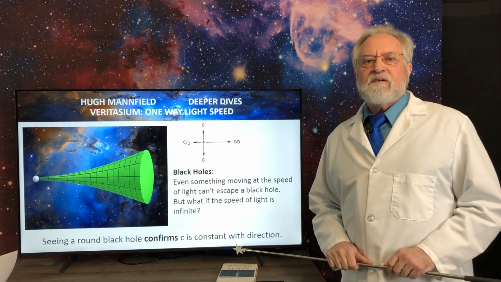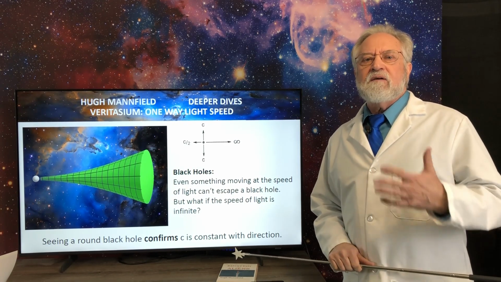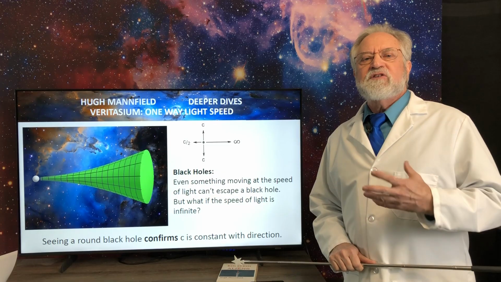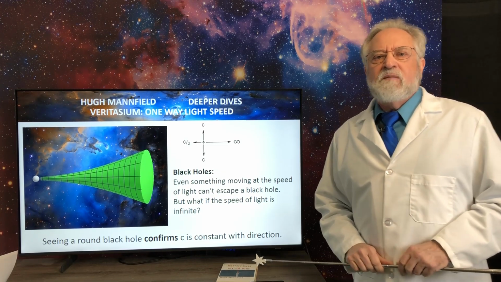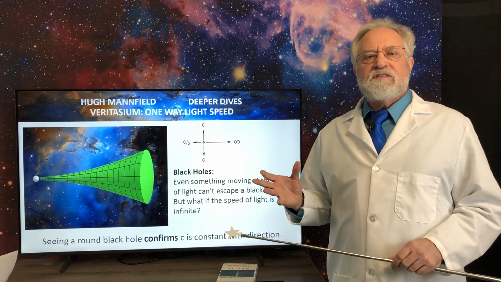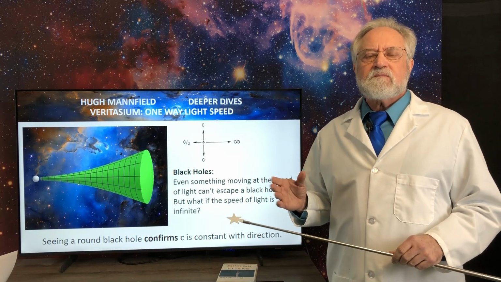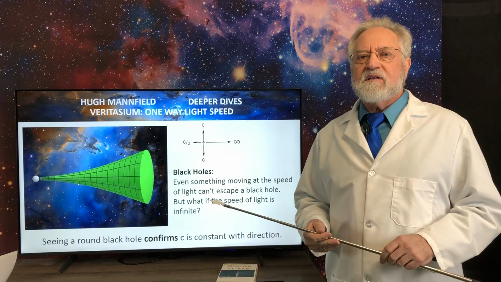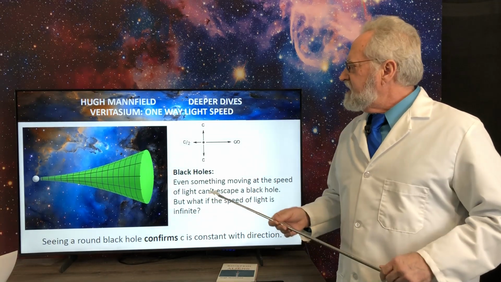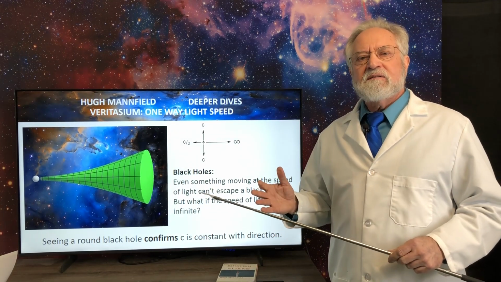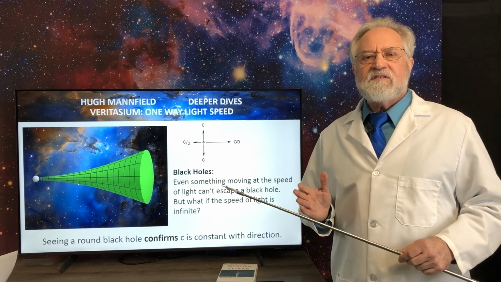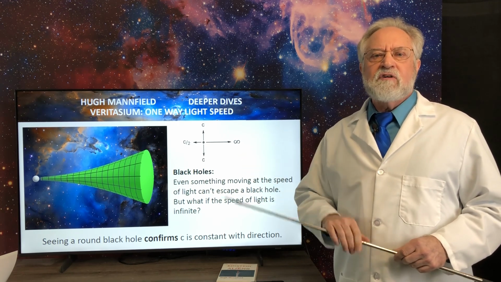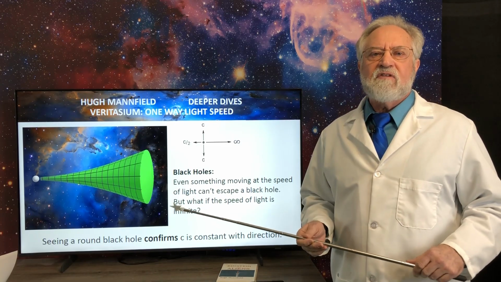Now let's talk about black holes for a minute. Black holes are objects where nothing can escape even if it's moving at the speed of light. But what happens if the speed of light changes with direction? If the speed of light is infinite in one direction, well then in that direction it seems like there couldn't be a black hole. If it's infinite velocity, it's going to be able to escape no matter how strong the gravity is.